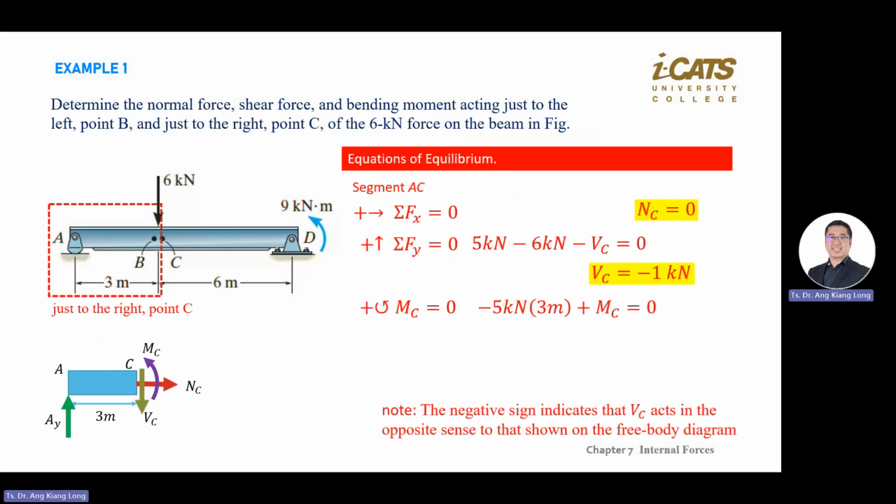So the moment at C is also the same. Moment at C, you only have AY multiplied by 3, and AY is clockwise, but our general direction for moment is anti-clockwise positive. So that's why AY is negative multiplied by 3. That's why you substitute negative 5 kilonewton there.